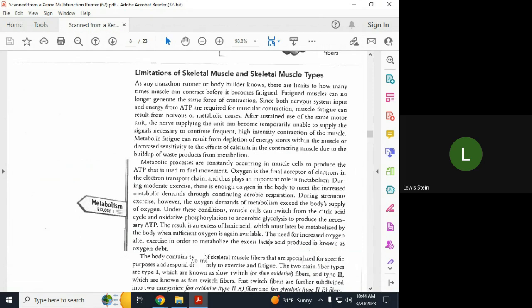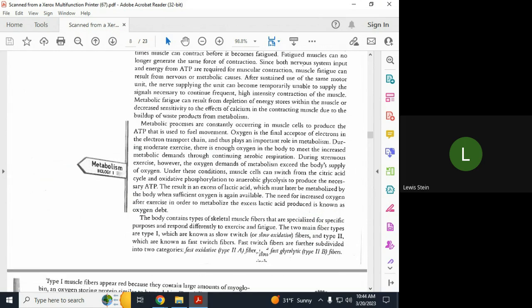And again, lactic acid is the accumulated waste product, which has to be converted in the liver back to pyruvic acid, and we go back into the regular pathways, back to the Krebs cycle.